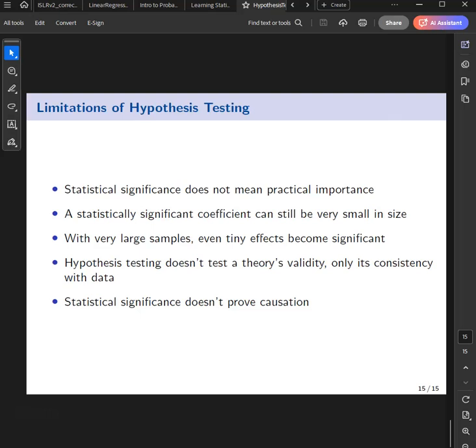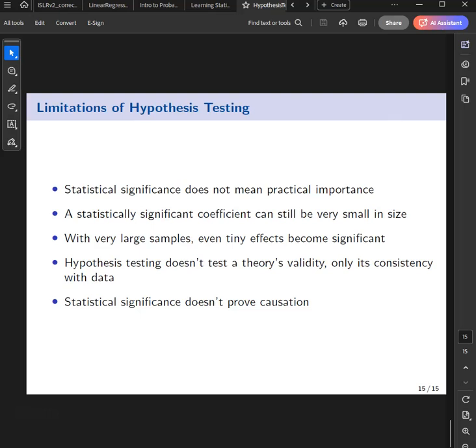So if you're working with very large samples, even tiny effects that have no practical relevance can become statistically significant. So there is a risk of getting artificially significant results if you're working with large samples.